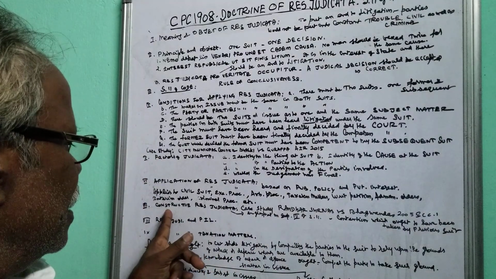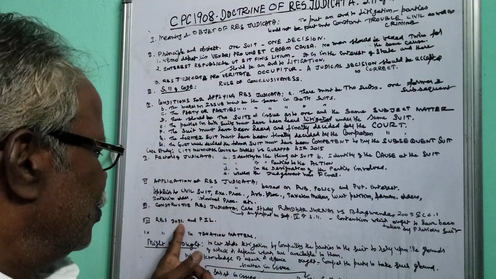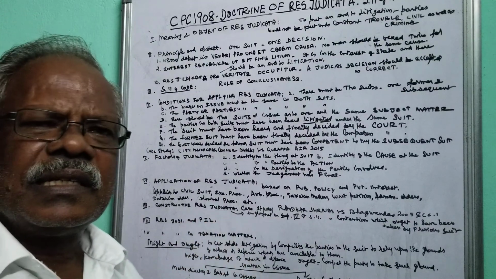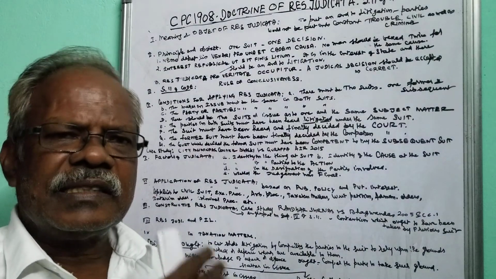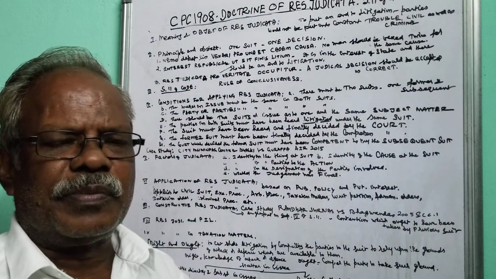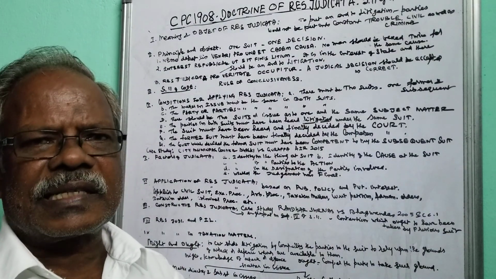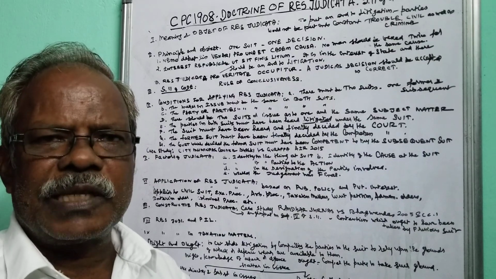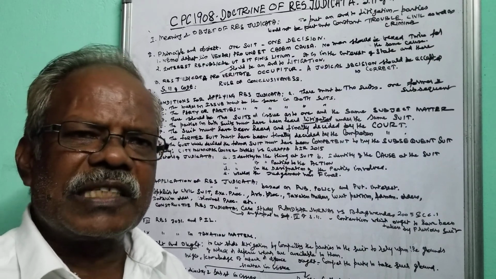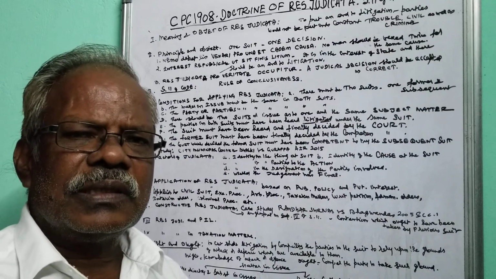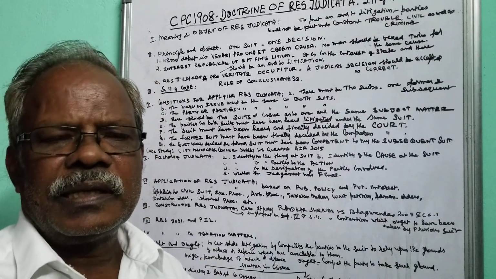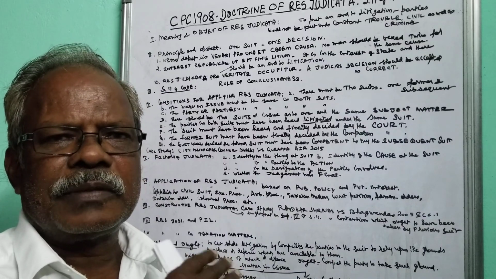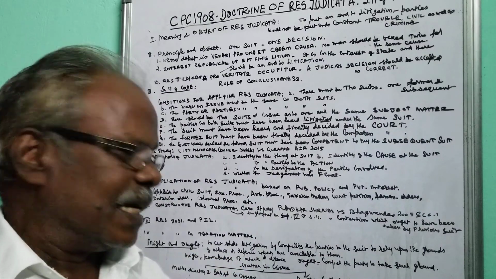Now we will see res judicata and public interest litigation. In the case of public interest litigation, res judicata is not applicable because it is of a public interest nature. Naturally, the subject matter may be different and the parties may also be different. So there is no bar to institute a suit in the nature of public interest litigation.